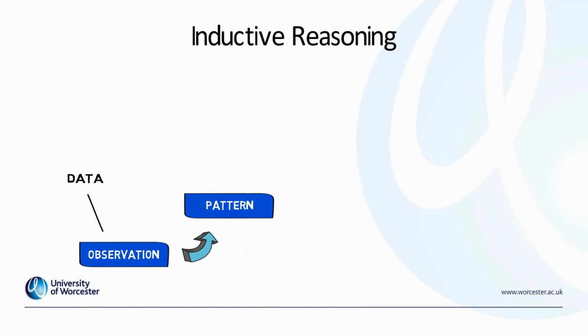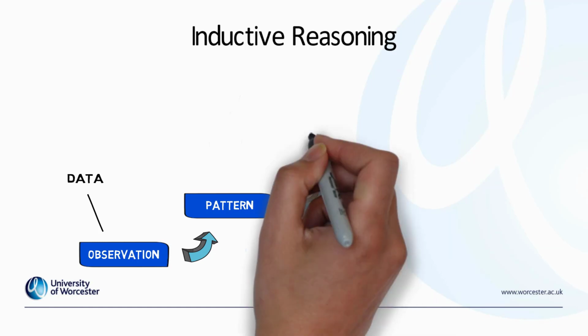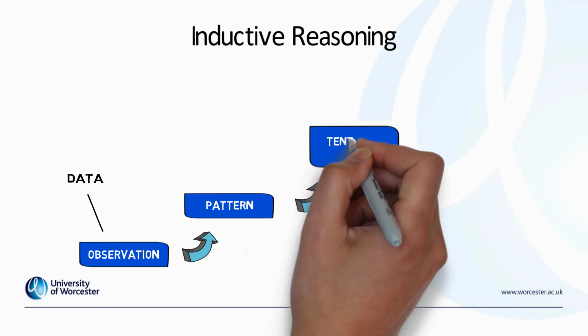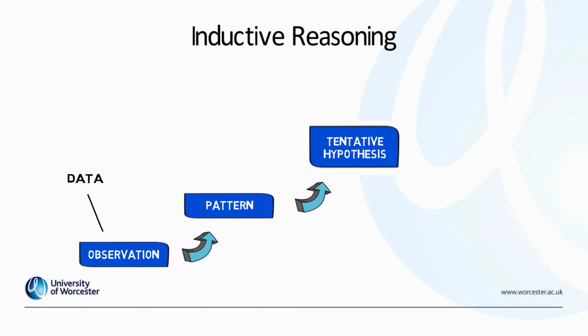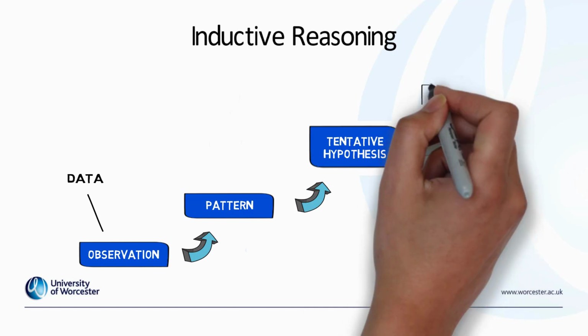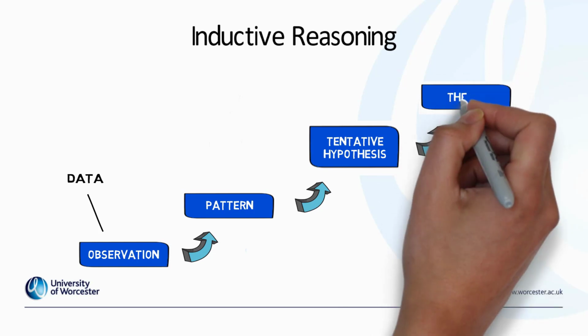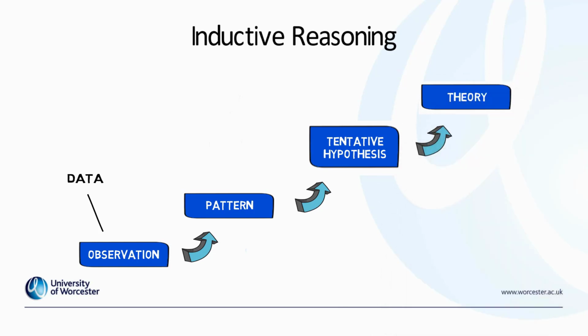After we have found out if any patterns emerge, we look to draw tentative hypotheses based on these emerging patterns. And finally, we develop a theory based on the tentative hypotheses we've drawn. So we're starting off by observing the world and moving through this process to then generate and build a new theory, as opposed to looking to test an existing theory.